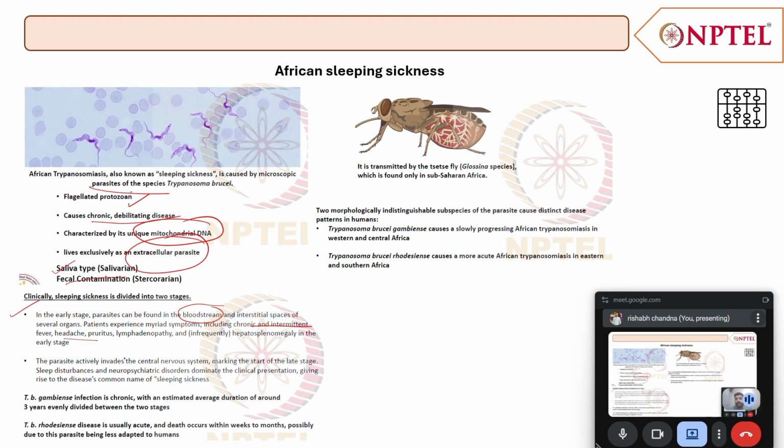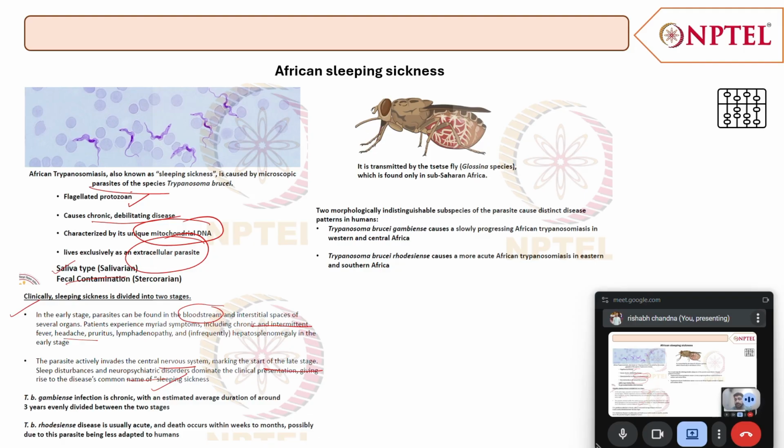Then the parasite actively invades the CNS, marking the start of the late stage. Sleep disturbances and neuropsychiatric disorders dominate the clinical presentation, giving rise to the common name of sleeping sickness. So they will not be able to sleep properly in the later stages.